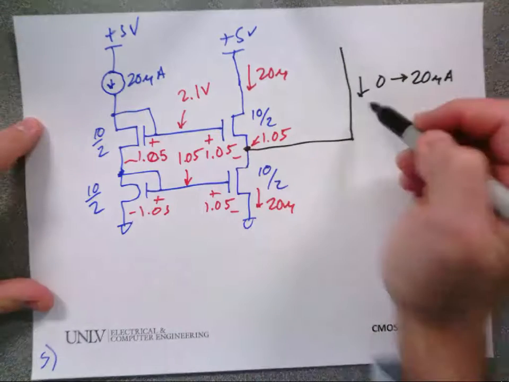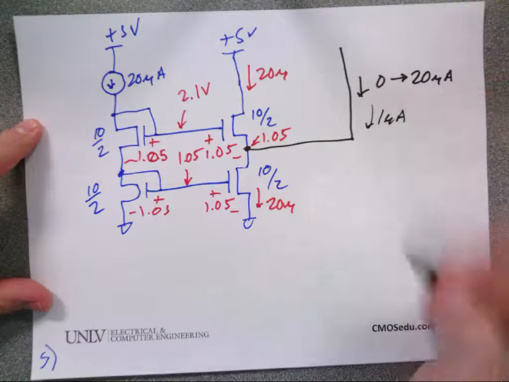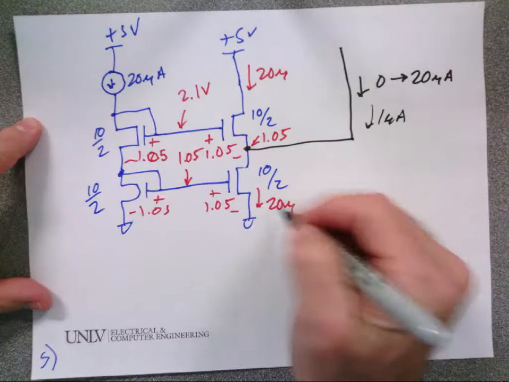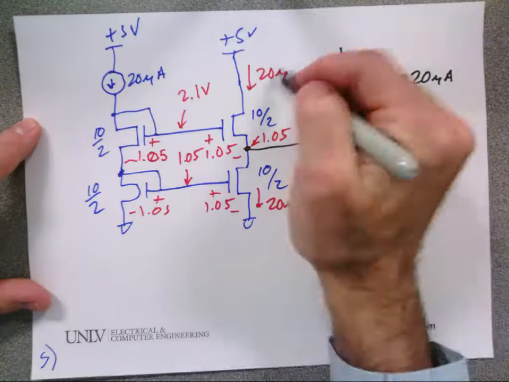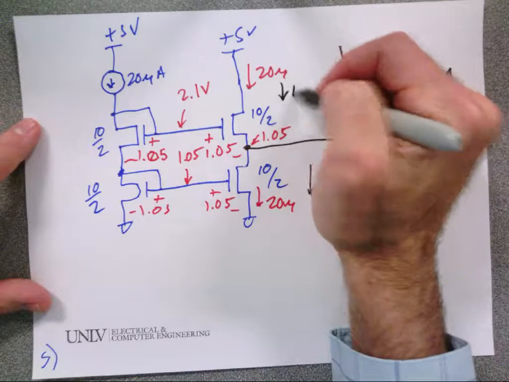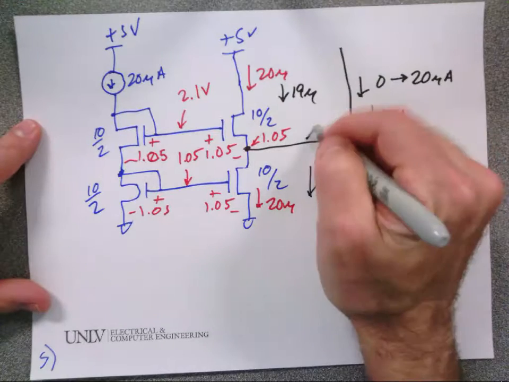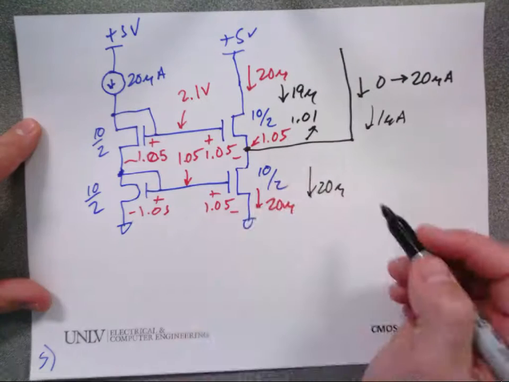So as I go to 1 microamp, what happens? What does this do? Still is 20. But what does this one do? It starts going down, because when I push the water in, it pushes the pressure up here. So this might go to, say, 1.01.